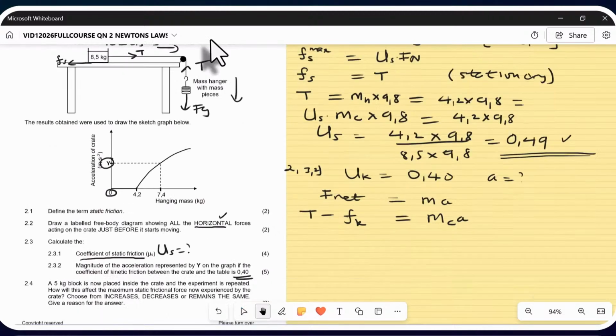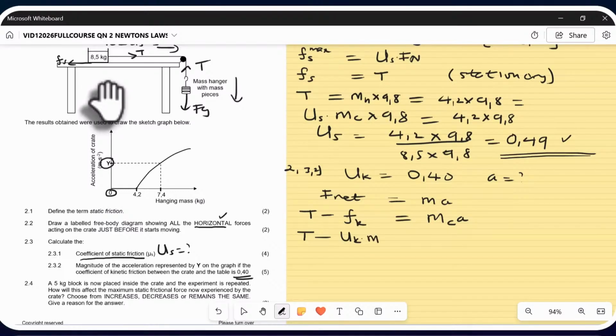In this case, don't forget we're looking for the acceleration, but what do we know? The tension T, talking about the crate, minus the friction, which is given by the coefficient times F normal, that's mass of the crate times 9,8, equals mass of the crate times acceleration.